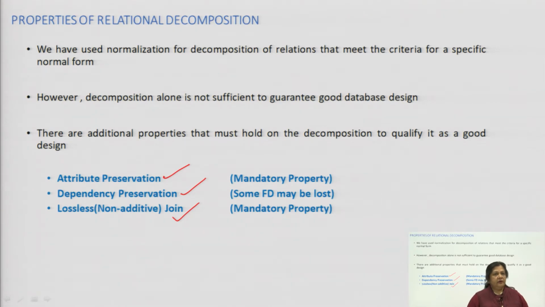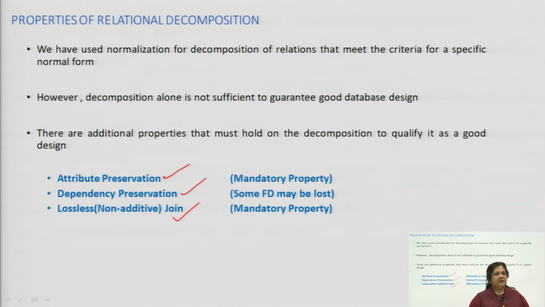So, the attribute preservation property means that whenever there is a decomposition of a relation, then all the attributes of the original relation must be maintained or preserved in some decomposition or the other.